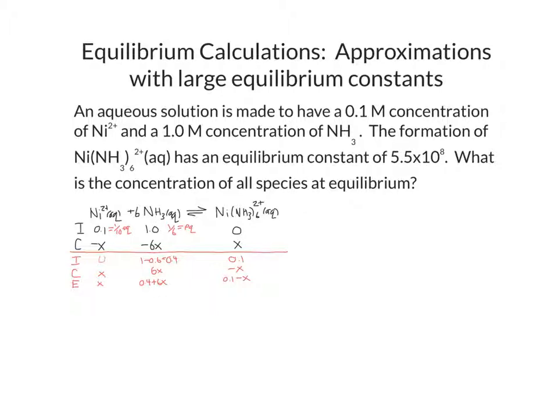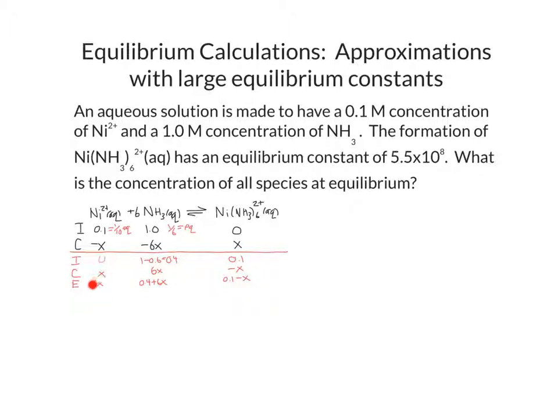This may seem like a lot of work just to solve this equilibrium problem, but let's see what this has done for us. Now we have a value of X that is small, because X now represents the amount of reactants left in solution at equilibrium. And our equilibrium constant is large, which means we have a very small amount of reactants left in solution at equilibrium.